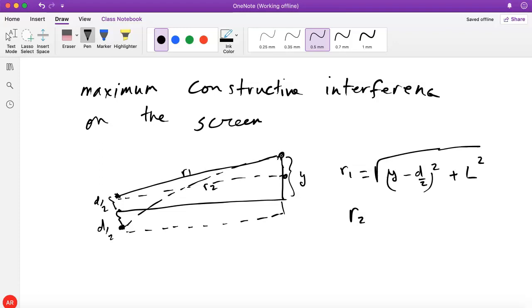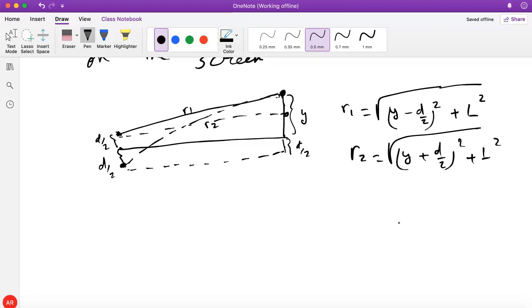And then from here, the point I'm interested in, the point where I want to find the type of interference or the phase difference, from here to here, I have Y plus D over 2. From here to here it's Y, from here to here it's D over 2. And then this is again L, so you use the Pythagorean theorem, you find the square root of (Y plus D over 2) squared plus L squared.